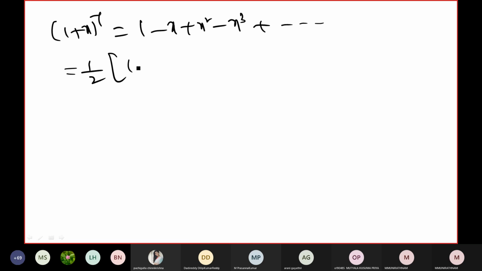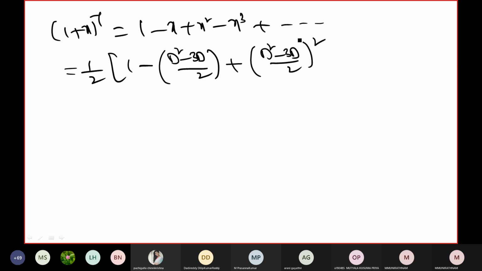So 1 by 2, 1 minus d square minus 3d by 2 plus d square minus 3d by 2 whole square minus d square minus 3d by 2 whole cube, into 2x square.